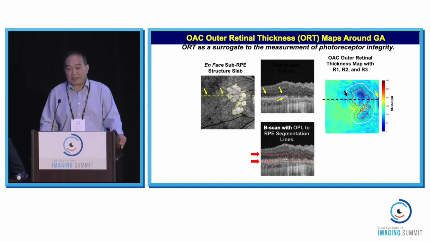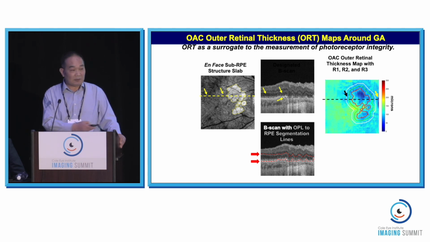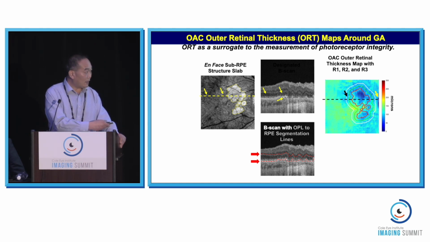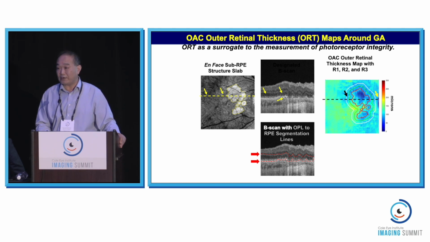And now look at the outer retinal thickness. And we propose outer retinal thickness is defined as the anterior border of the outer plexiform layer to the RPE complex. And we propose this as a surrogate to measure the photoreceptor disruption.